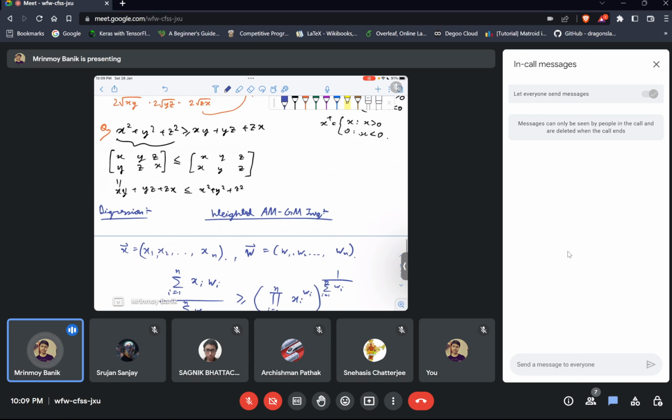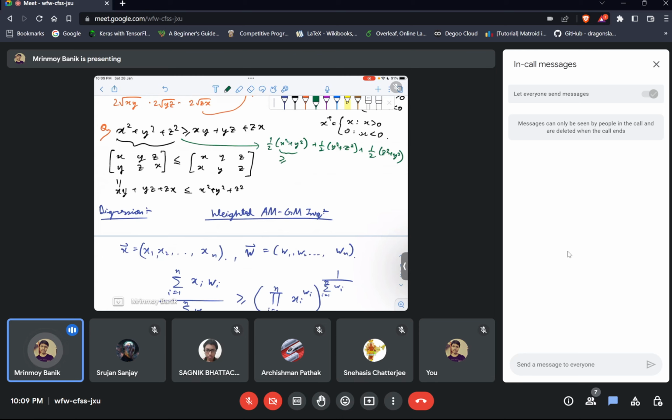Using this, we can add halves as weights. So this is half times (x squared plus y squared) plus half times (y squared plus z squared) plus half times (z squared plus x squared).